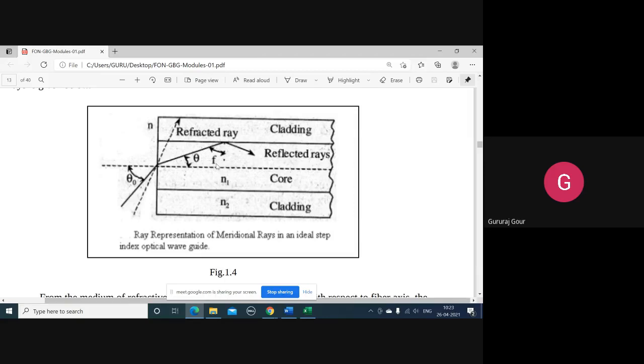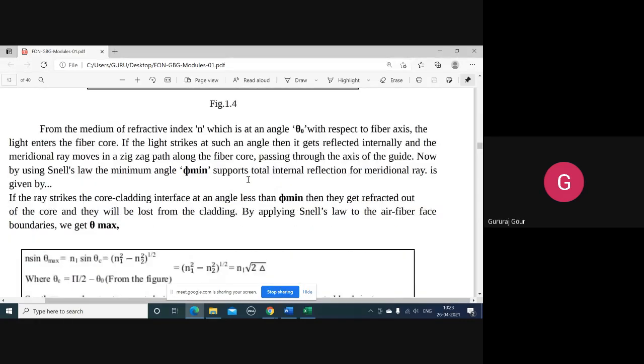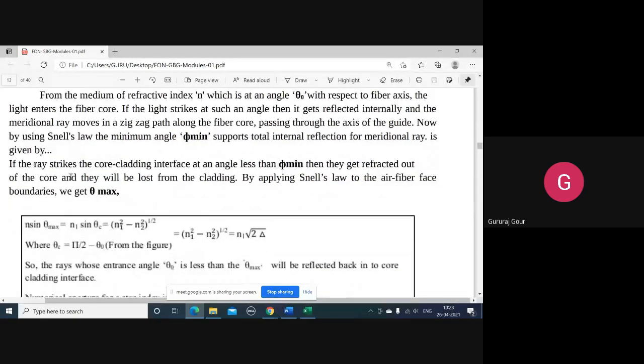That is phi minimum. If we get the ray of light entering the core at an angle other than phi minimum, then it will not undergo TIR. Okay, that is called phi minimum. That is the threshold they have kept. So if the ray strikes at the core cladding interface at an angle less than phi minimum, then it gets refracted.